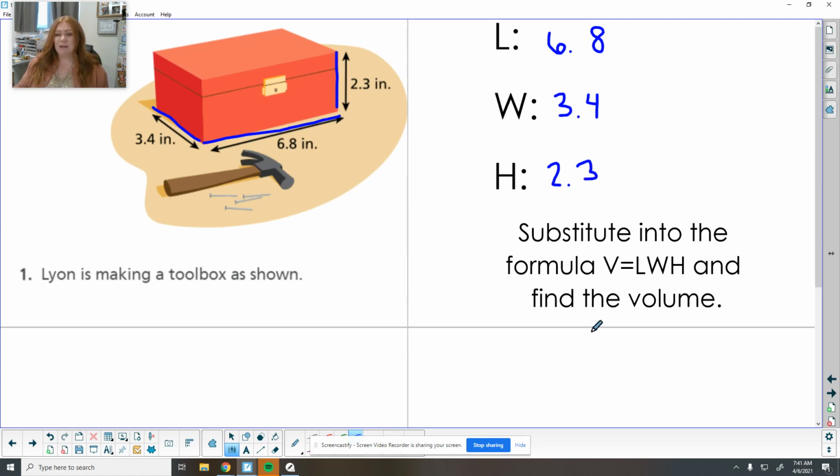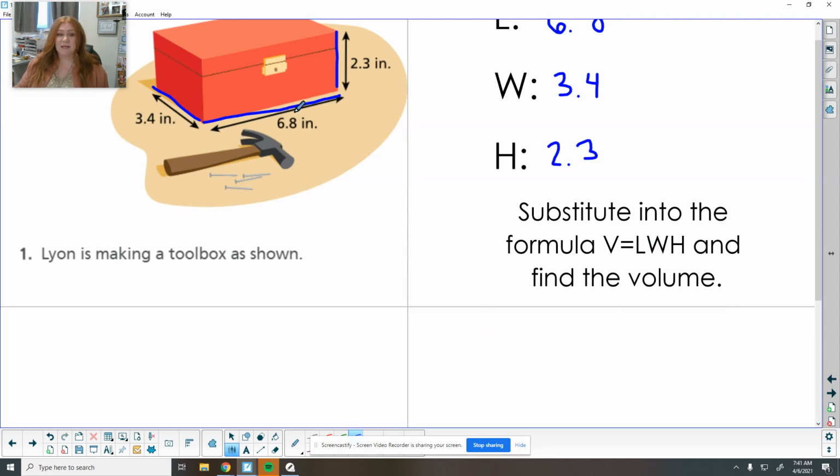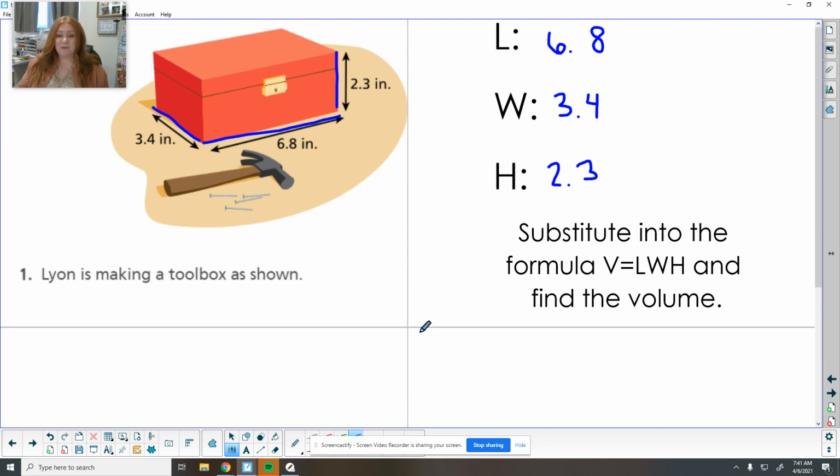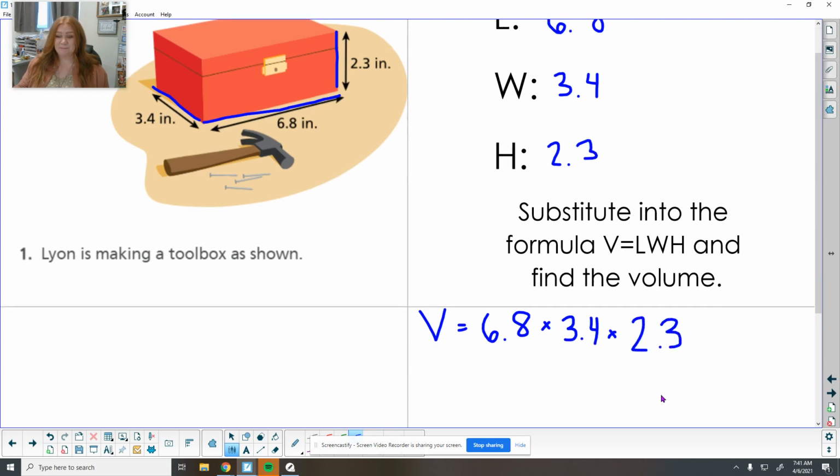Now we want to plug our dimensions into our formula. We don't know the volume, so we're looking for the volume when the length is 6.8, times the width of 3.4 and times the height of 2.3.